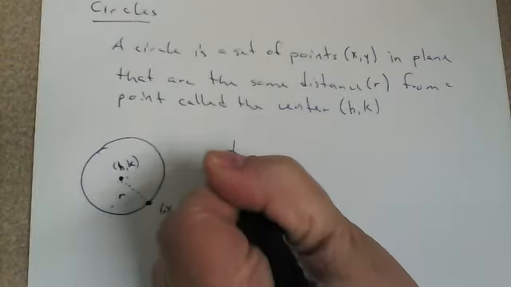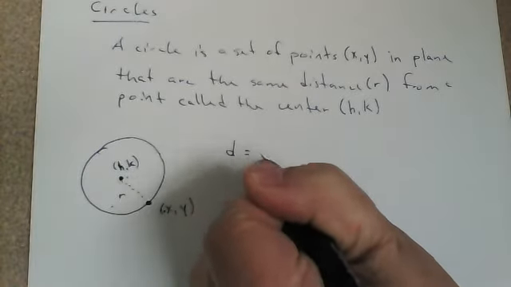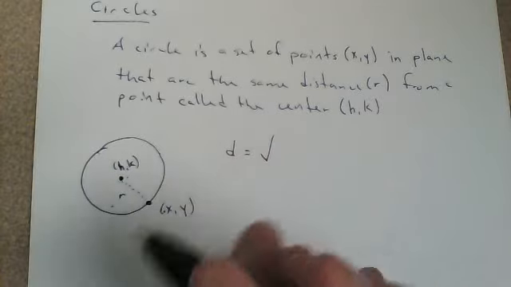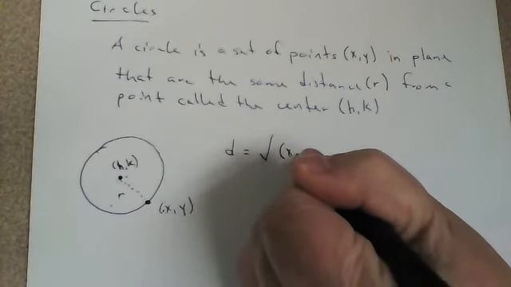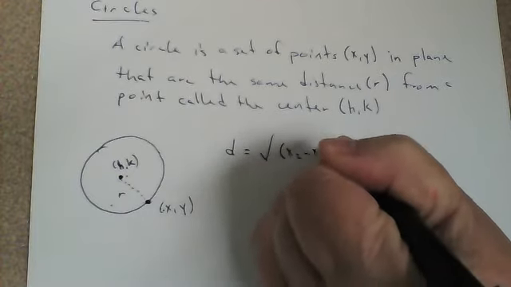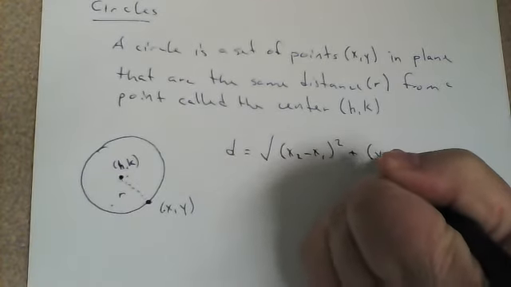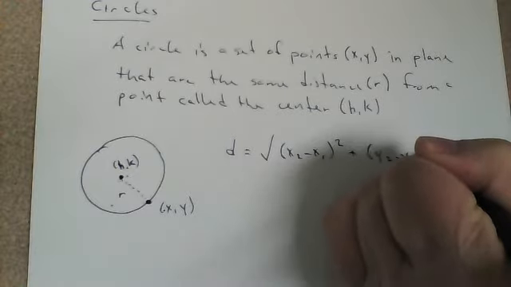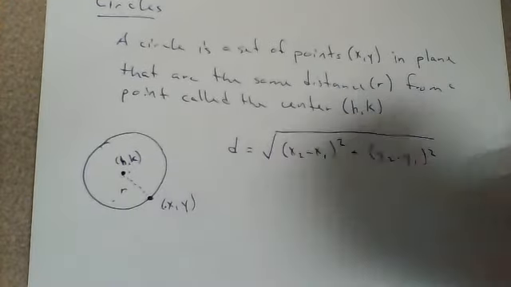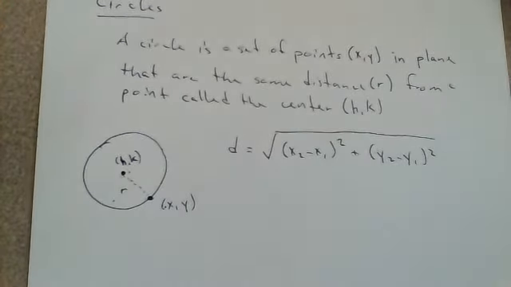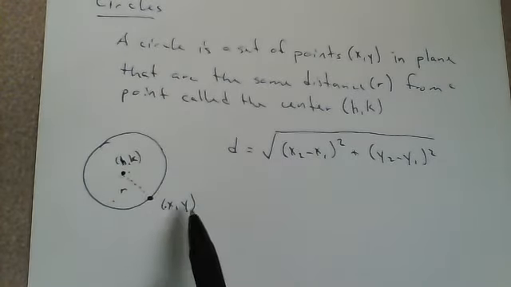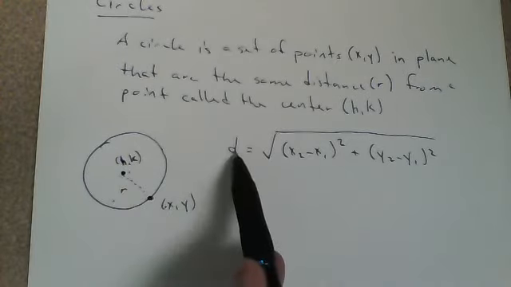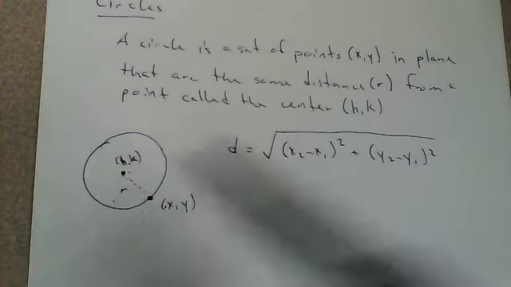We know the distance formula, D equals the square root of, what was it, x2 minus x1 squared plus y2 minus y1 squared, right? Well, think about this. What do I have? I have 2 points. I have an x1, y1, x2, y2. What am I looking for? I'm looking for the distance. Well, that's just my R, right?